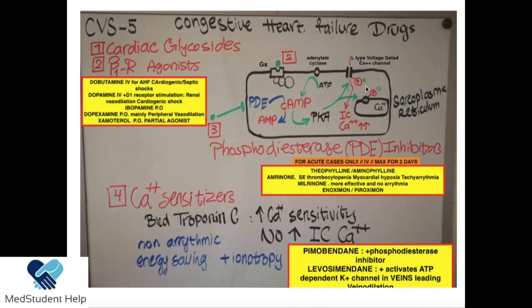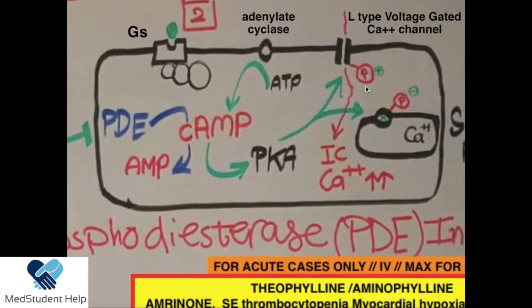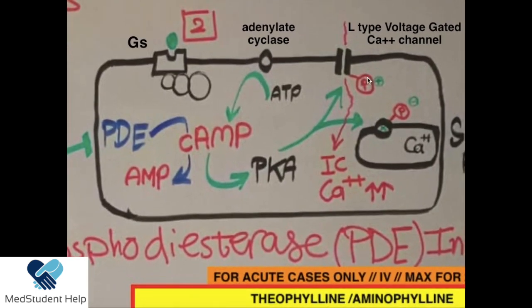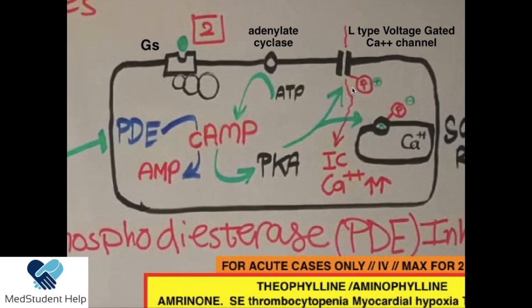As you see here, I've drawn a phosphate group attached to the calcium channel, and there is a small plus next to it, which means that the phosphorylation of the calcium channel is going to lead to the activation of it. Okay, so the permeability of the calcium is going to increase. So the calcium is going to get into the cell when the calcium channel is phosphorylated, okay?